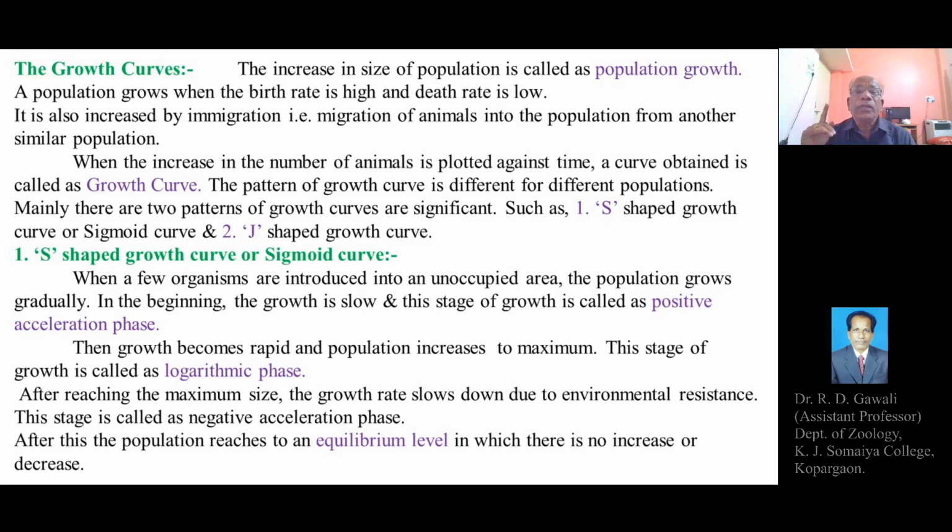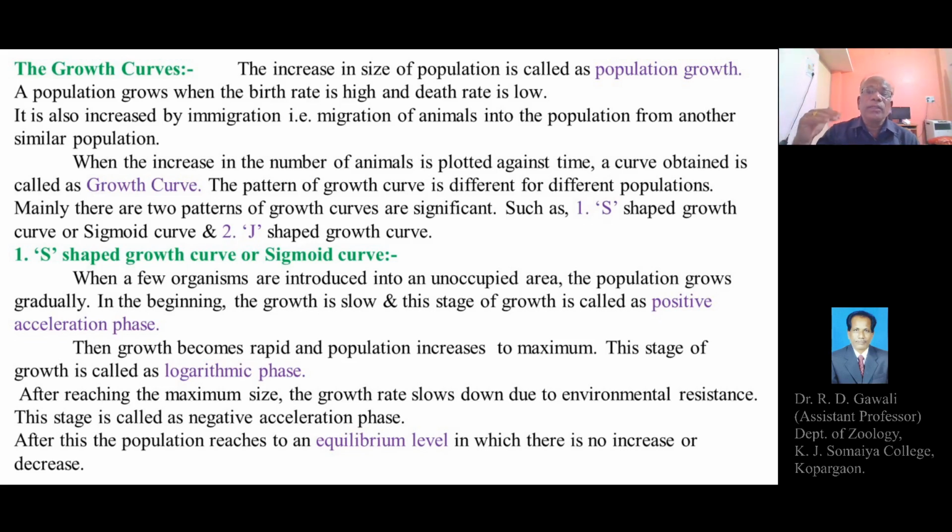So due to the environmental resistance, there is a slow increase in the number of the population in a definite period, and this particular phase of slow growth is called the negative acceleration phase.